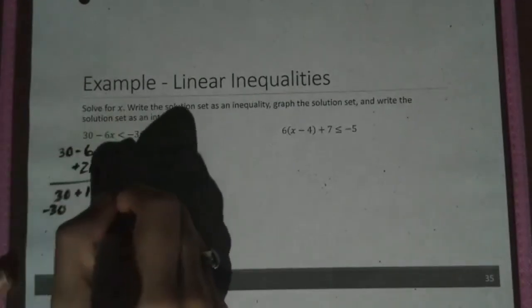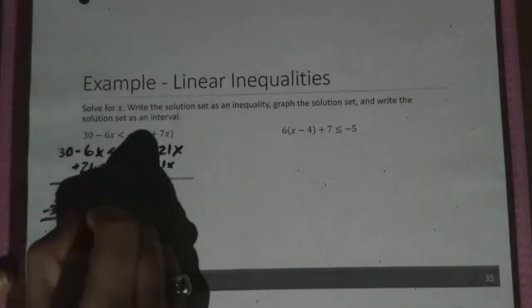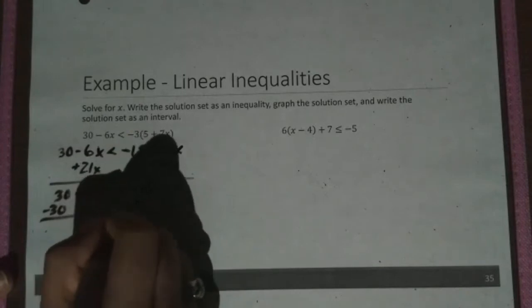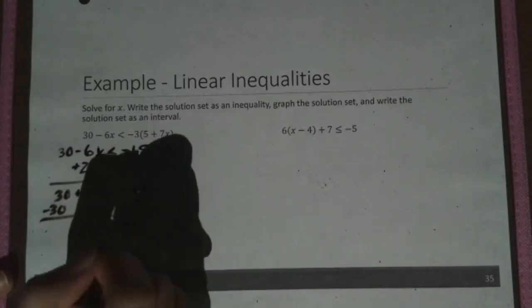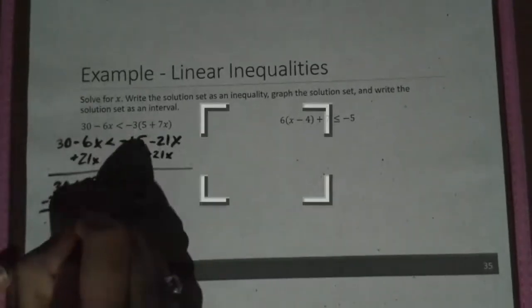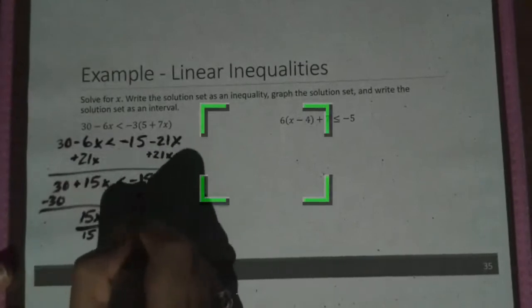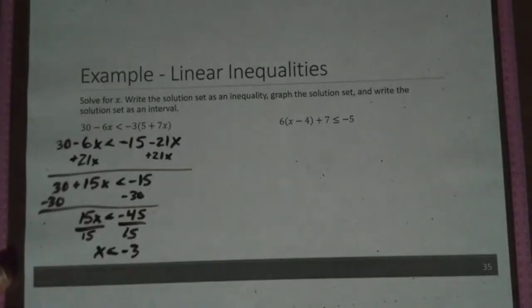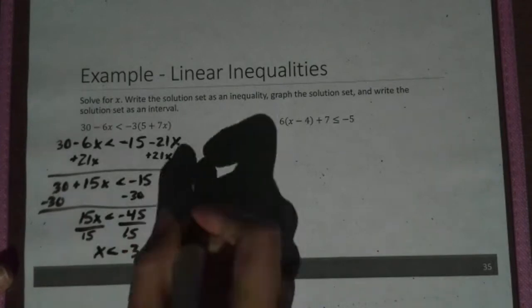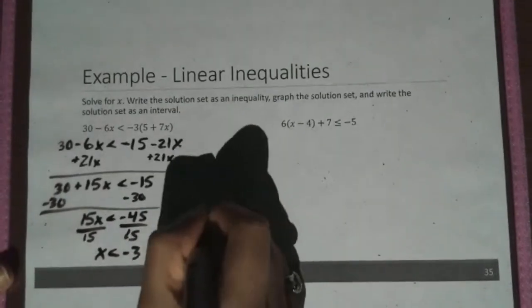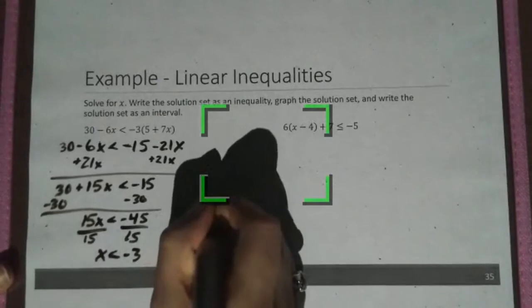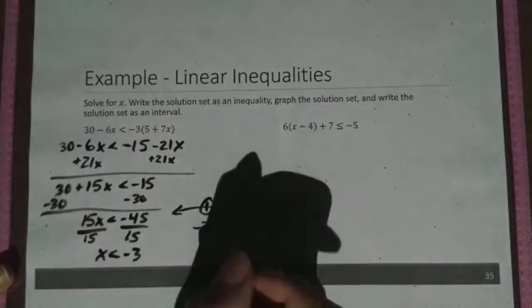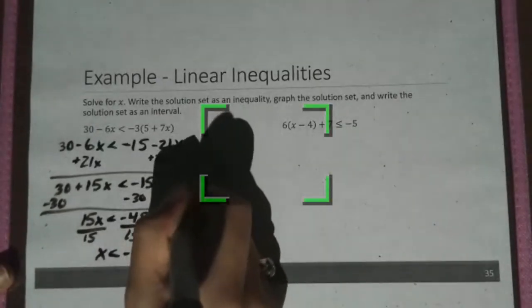Subtract 30 from both sides. 15x is less than -45. And then dividing by 15, we get x is less than -3. On a number line, we have an open circle at -3, and the ones that are less will be to the left.